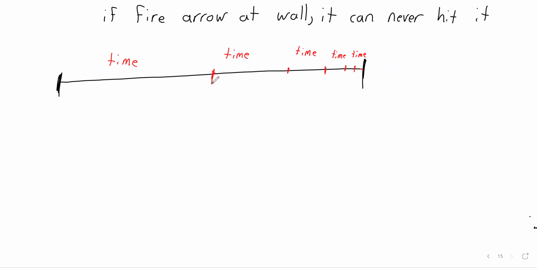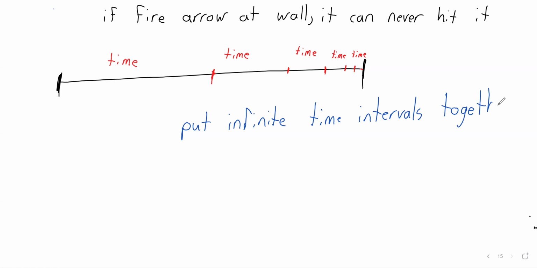So from a mathematician's point of view, a modern mathematician's point of view at least, the idea that we put these infinite time intervals together, and we get a finite time, I mean, that doesn't bother us, that's calculus.